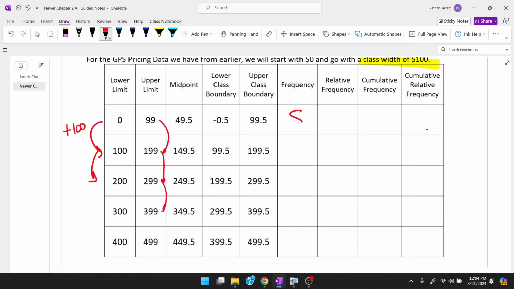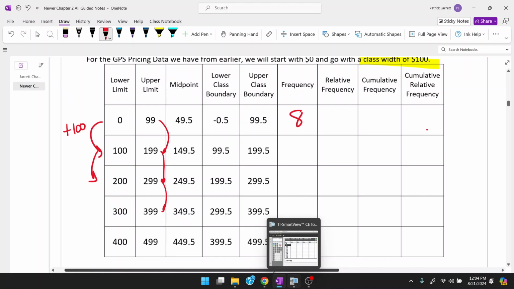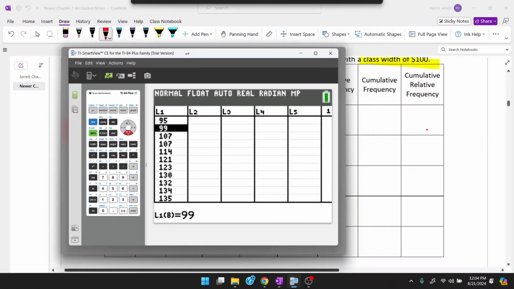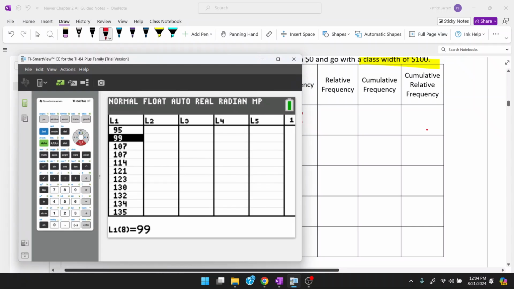I had 8. Now, we're going to worry about relative and cumulative and all that in a few minutes. If I wanted how many between 100 and 199, well, that's easy. I go 1, 2, 3, 4, 5, 6, 7, 8, 9, 10, 12, 13, 14, 15, 16, 17, 18, 19, 20, 21, 22, 23.